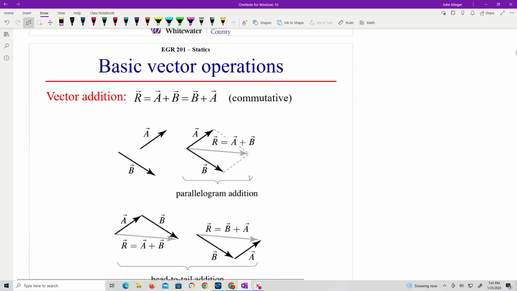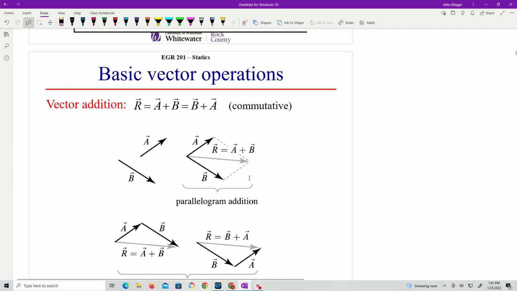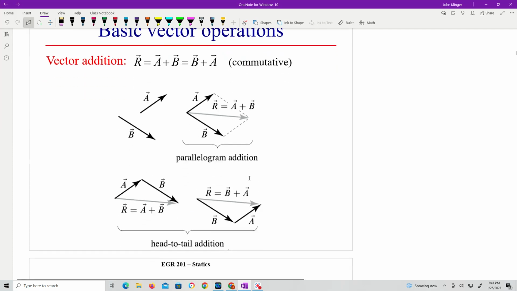Let's look at all the different basic vector algebraic things that we can do. The first thing is we can add vectors together. We can add a number of different vectors. So we have vector A and B, and there's two ways of doing it. Typically, we would do it as head to tail. So here's our vector here, and we'll take this head and put the tail of the next one there.